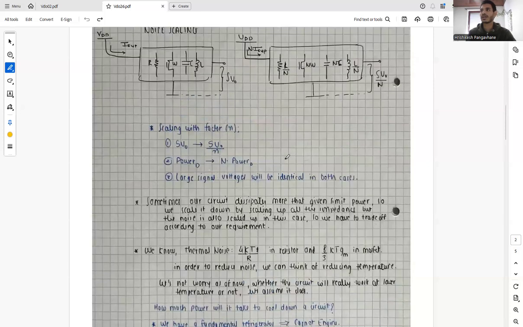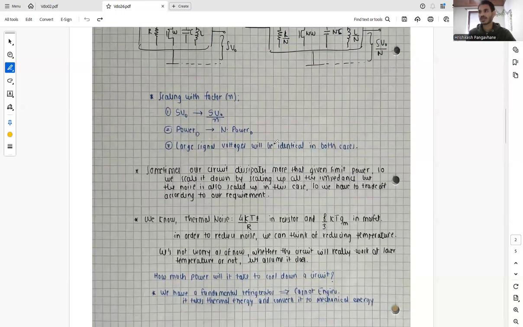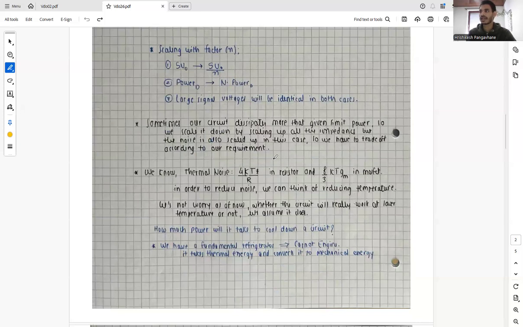So basically we are talking about the vice versa thing, the opposite thing. We have a circuit which is dissipating more power than its limit, so we go the reverse way, and we can scale up the impedances, but the noise will also be scaled up. So we have a trade-off according to the requirement.